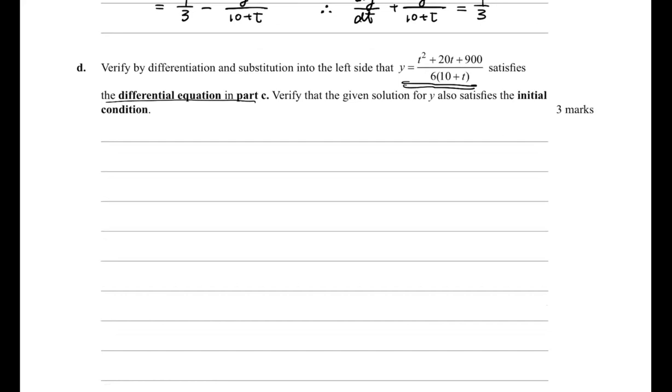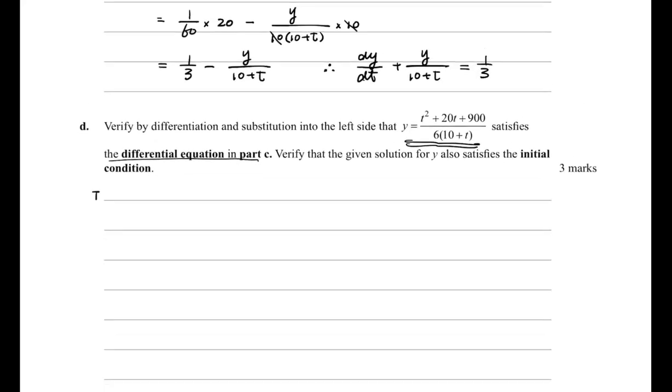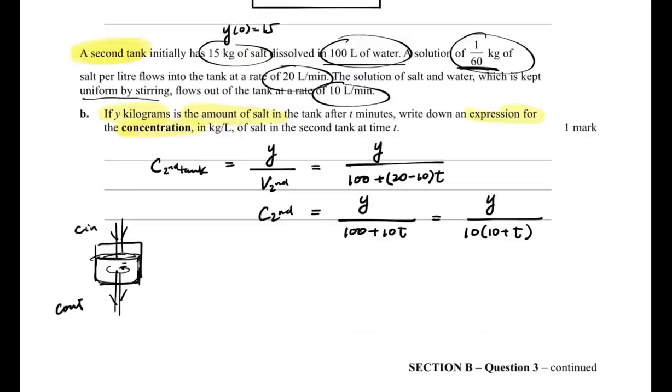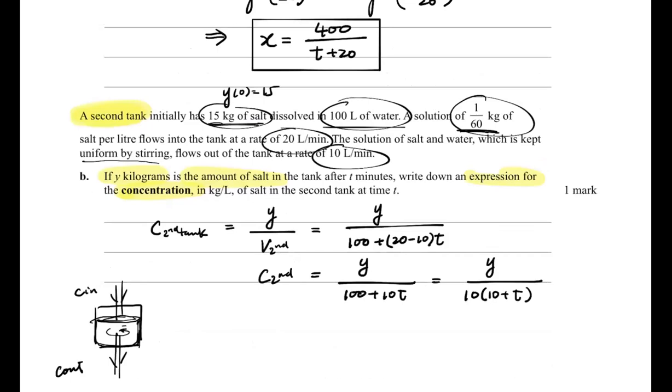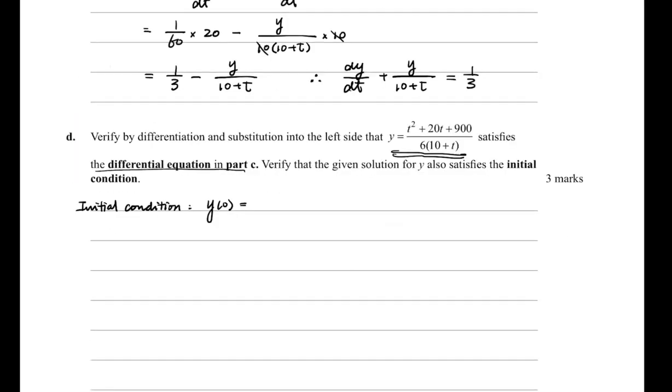So let's start with the easy one. Initial condition. My initial condition is y(0) equals what? Let's have a look at the previous page. 15 kilograms of salt. So I want to verify that.